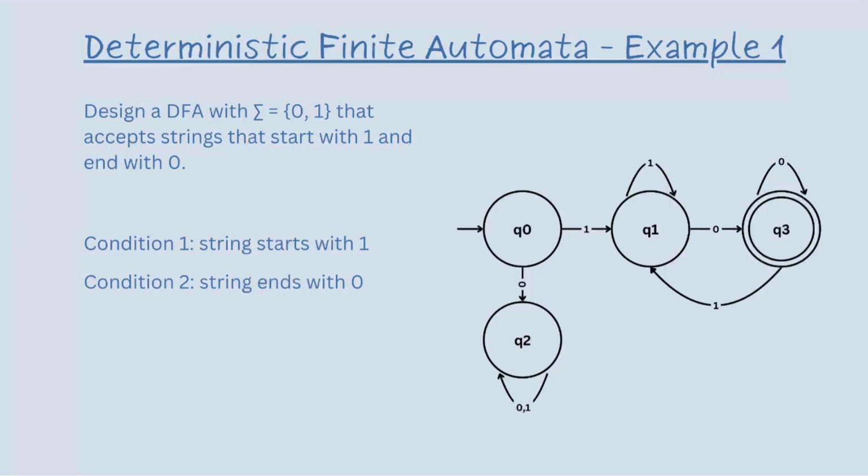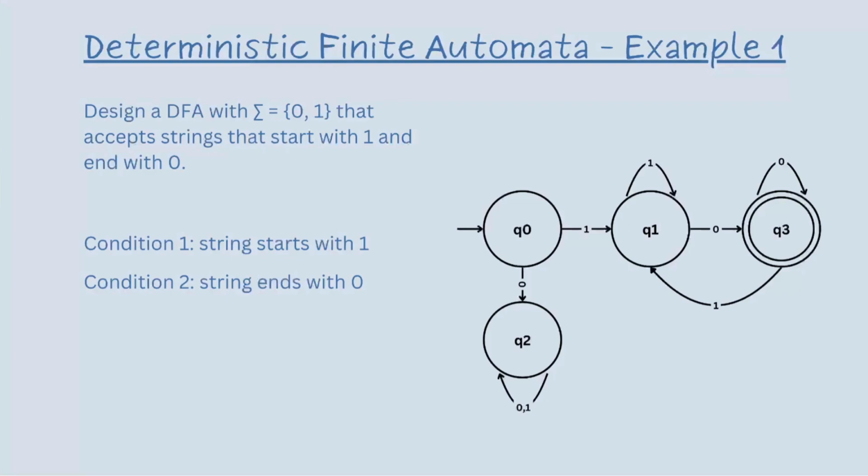It's very helpful to try to view the different states as representations of conditions. So in our automaton, for example, Q0 is obviously just the initial state, but then Q1, just as I mentioned earlier, is the representation of condition 1 being true and condition 2 being false.